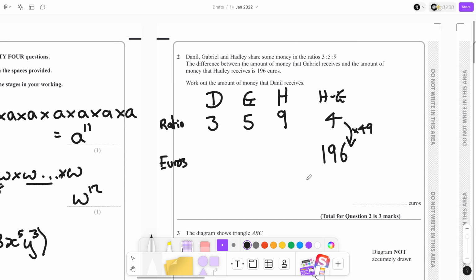So this ratio is all 49 times bigger, so everyone gets 49 times bigger. So 3 times 49, which is the one we're interested in, is 147. So the number of euros that Danielle gets is 147.